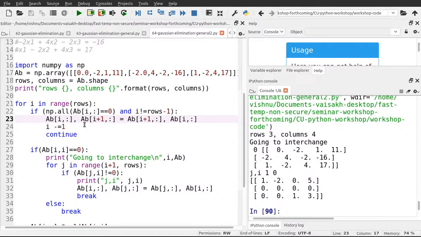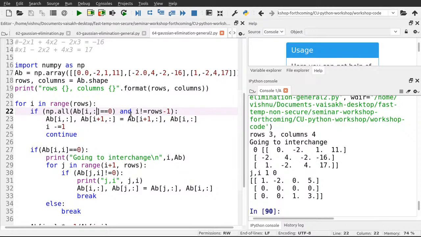So what will happen at this particular stage? 1, minus 2, 0, 5, 0, 0, 0, 0, 0, 0. Okay, there is one problem: the last coefficient we are anyway not going to consider. The last entry in that particular row actually corresponds to the right-hand-side constant. We are not interested in that. Therefore, we should not do it entirely like that.